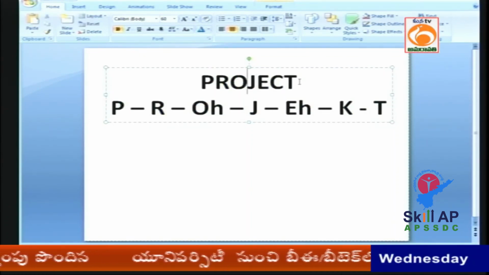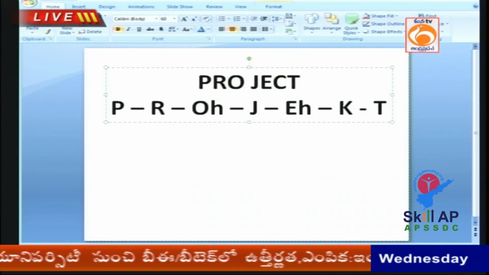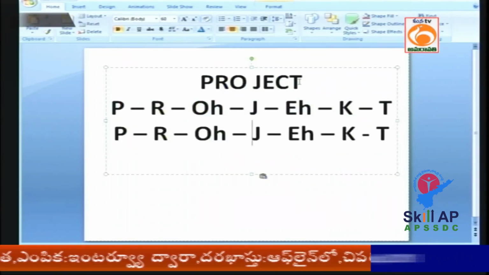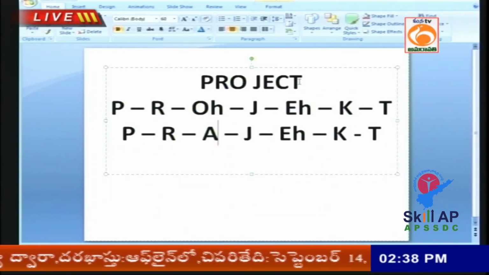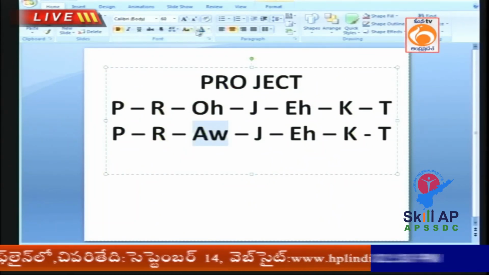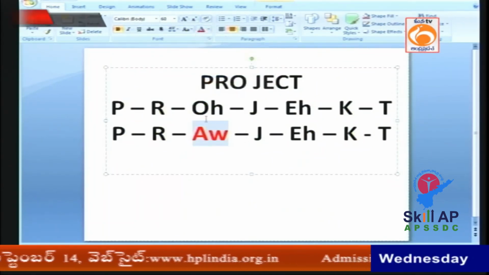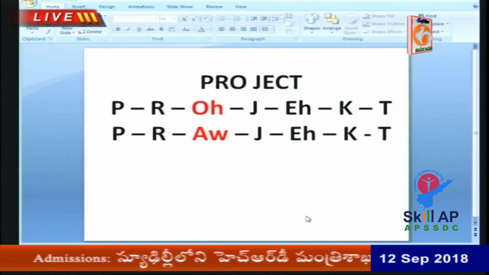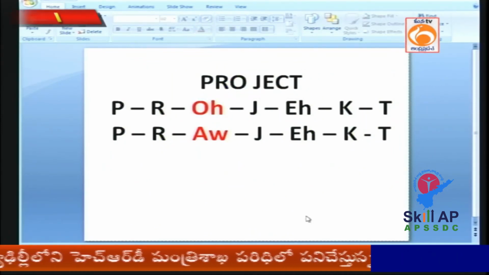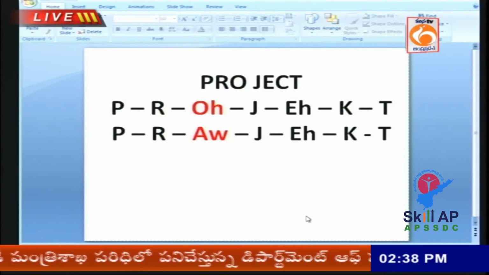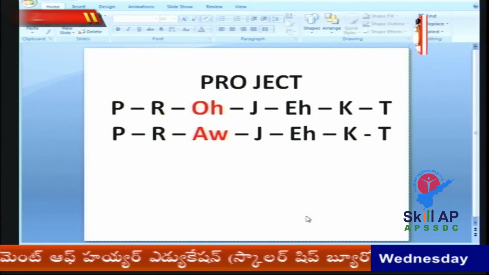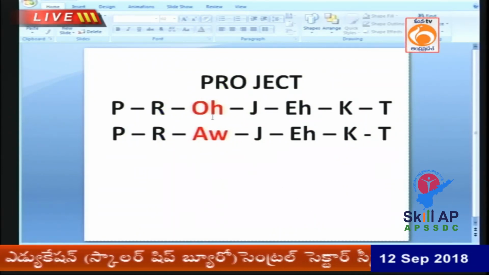So project or project. I can have the same word pronounced a little differently, where I replace the first vowel sound of this word. What do I mean by this? I can either pronounce this as project or as project. Is there a difference between these two pronunciations?